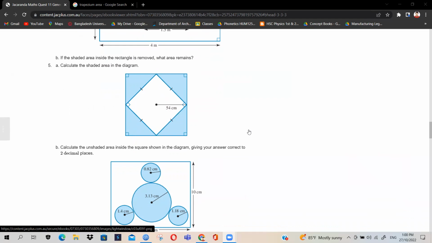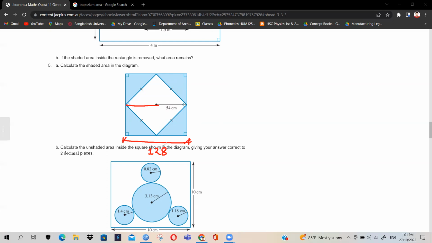For 5A, I would find the full diameter of that diamond. So that would be 128, right? Yes. And I would use Pythagoras to find the other two sides because it is isosceles, and that would give me the length.